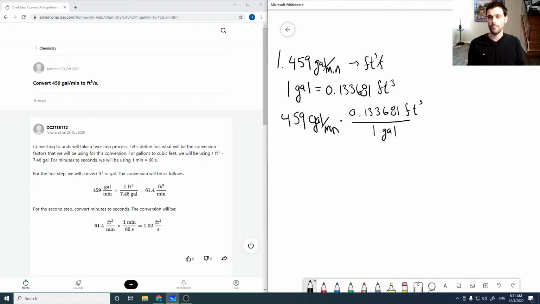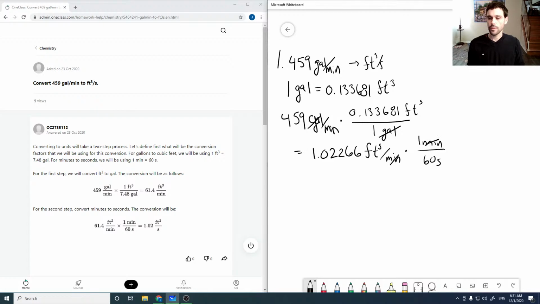Okay, and we always do it such that the units cancel, and then we get 1.02266 feet cubed per minute. And then to get it to seconds, we multiply by our second conversion, which is 1 minute over 60 seconds.